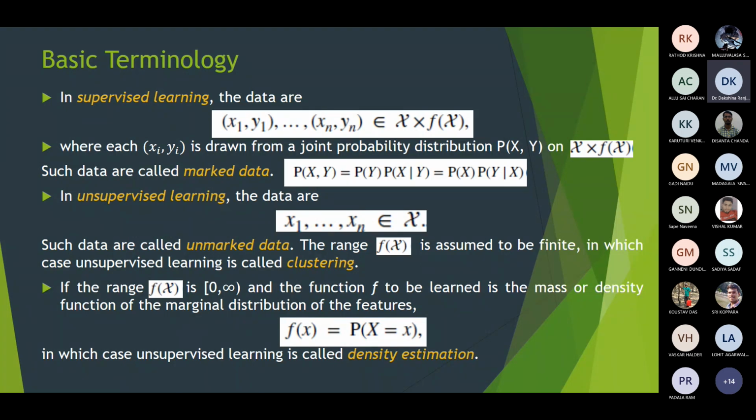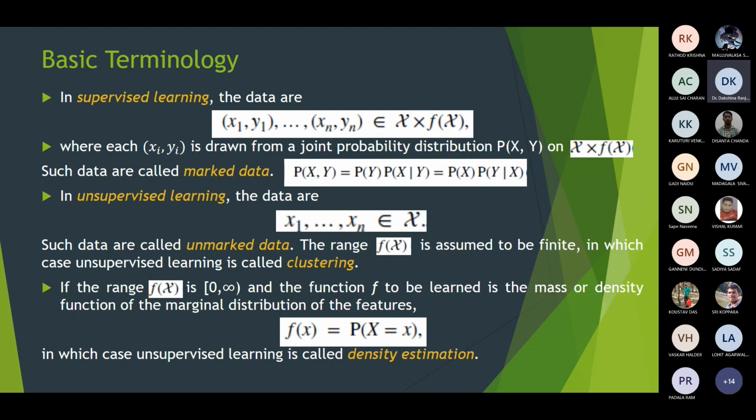Now in this case we get another component which is called the range, and this range will be associated with the domain value, the features value. Here x1 to xn are the coordinate points or features in the feature vector, and y1 to yn denote the label or the class information.